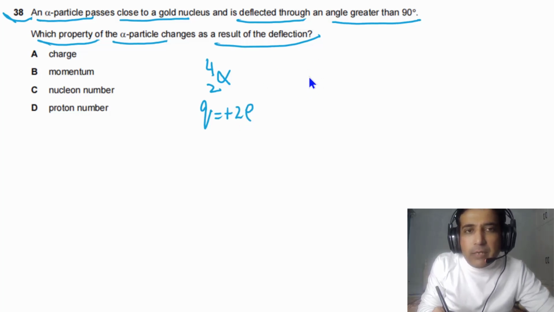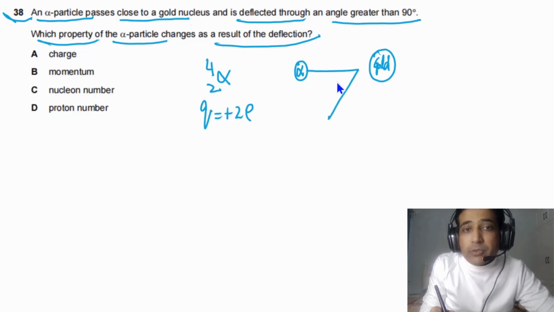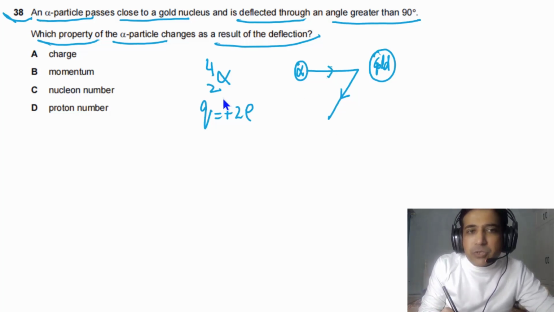When this alpha particle deflects, you can imagine that here we have a gold nucleus. Let's say this one is the alpha particle and it is coming. When it approaches close to this one, it deflects by an angle greater than 90 degrees. It goes this way. In this case, charge will not change.